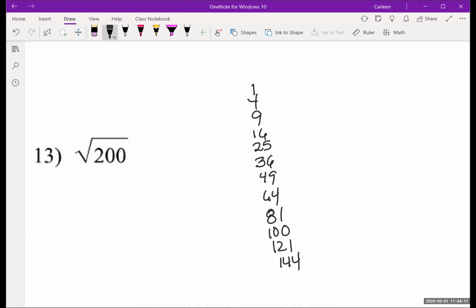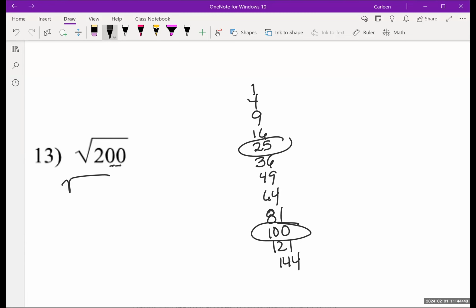Now, what are the perfect squares that are factors of 200? Do you see one? That would be the biggest perfect square that's a factor of 200. Hint, look at the last 2 digits. Okay, 25 definitely goes into 200. There's a bigger one. Do you see it? Ah, ding, ding, ding. We want the biggest perfect square.